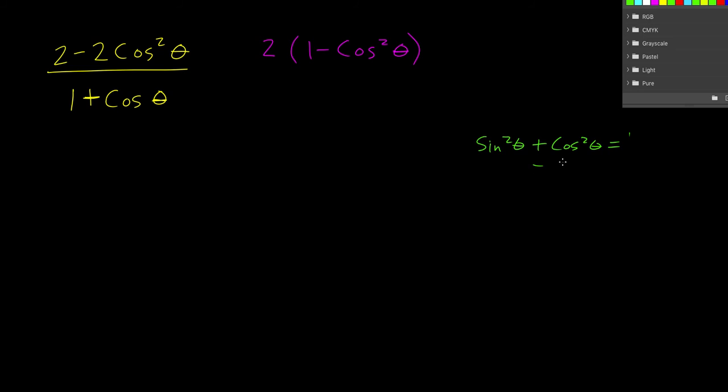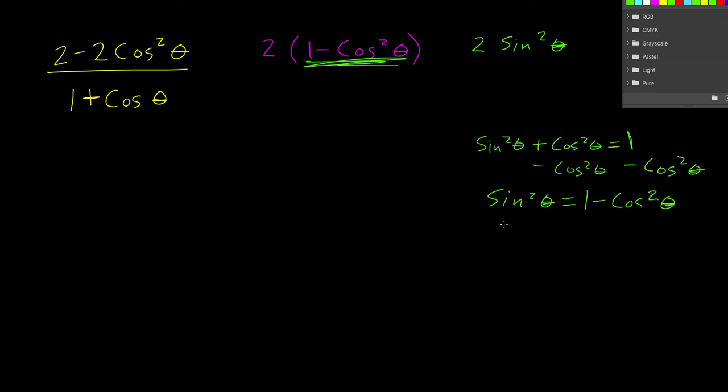And if I subtract cosine squared theta from both sides, we get sine squared theta is equal to 1 minus cosine squared theta, which is what we have there. And so this is really just 2 times sine squared theta. So I'm just replacing this with that. Okay, so that's the top.